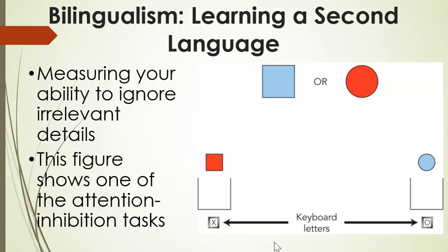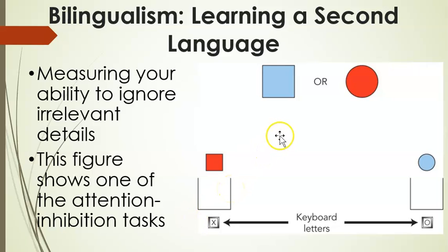And what we see is that in children that only speak one language, they have a harder time not clicking a button when things don't match. So again, this blue square does not match the red square, so you should not be pushing this button. But what we see is children that are only speaking one language, they're more likely to press the button.